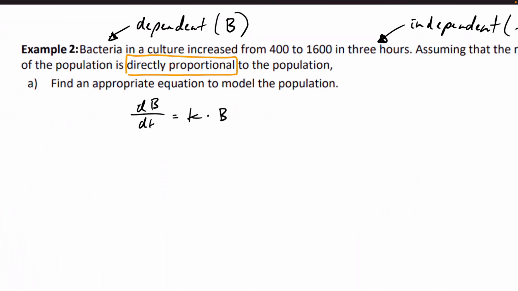T's to the right, B's to the left. So we're going to multiply both sides by dt and divide by B. Okay, so we get 1 over B dB equals K dt.